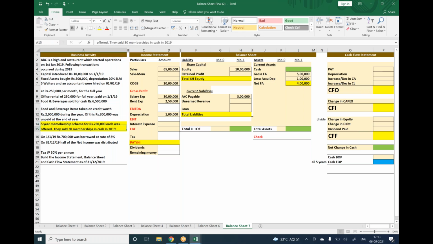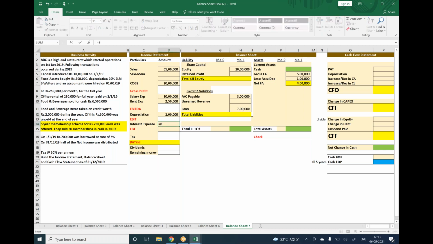Let's leave the yellow one, which is marked. We'll come back. Of that, 7 lakhs was borrowed at the rate of 8%. So loan is 7 lakhs and rate of interest is 8%. So where's your interest expense?